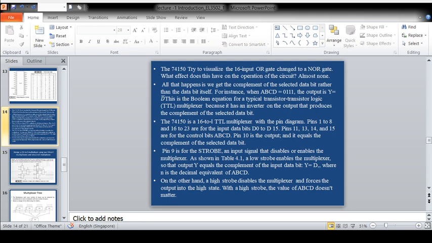So remember, pin number 10 is for the output. This is designated as Y. Pins 1 to 8 and 16 to 23 are data inputs, that is D0 to D15. Any one data you can select from these particular pins.